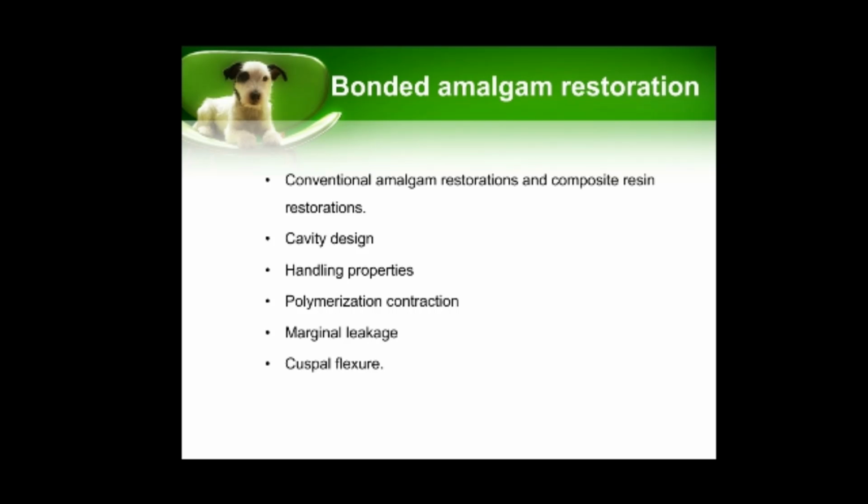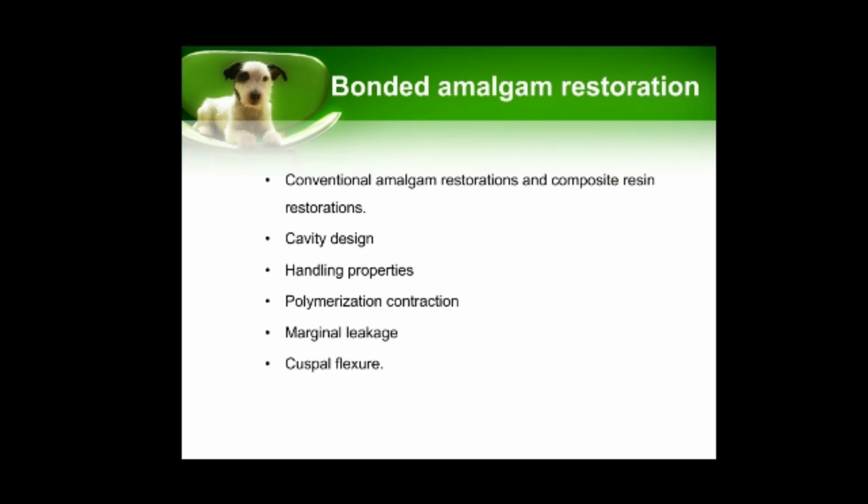Bonded amalgam restorations. These bonded amalgam restorations have significant advantages over both conventional amalgam restoration and posterior composite resin restorations. For the cavity design, the conventional amalgam restoration is retained by mechanical retention like undercut cavity design, but the bonded amalgam restoration has the incorporation technique, which reduces the need for removal of sound tooth structure.